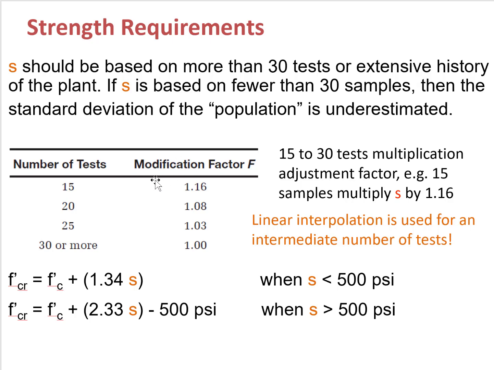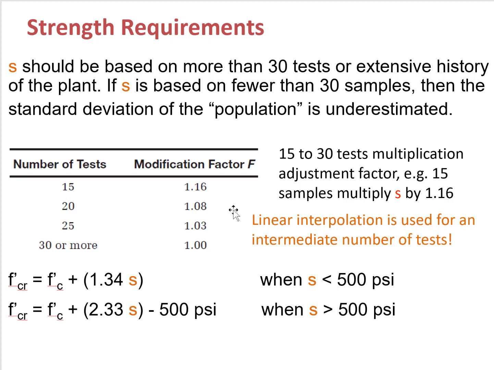So for example, if the standard deviation S is calculated based on 15 tests, then S should be multiplied by the modification factor 1.16. If it's calculated based on 20 tests, then S should be multiplied by 1.08, and so on.